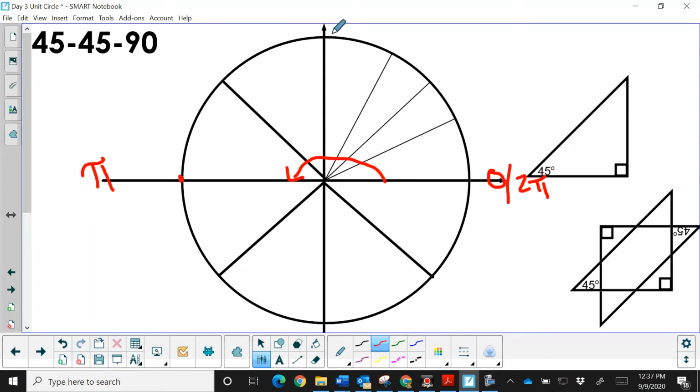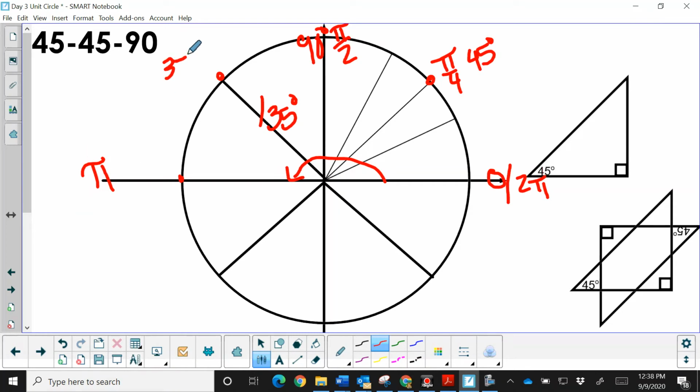So that means the 90 is pi over 2, or half of it. Now half of the half is right here at pi fourths. So that means at 45 degrees, you have pi fourths. At 90 degrees, you have pi halves. So if I go to this position, which we just labeled as 135, that's 3/4 of the way to pi.